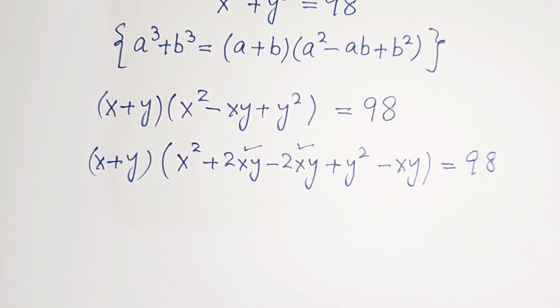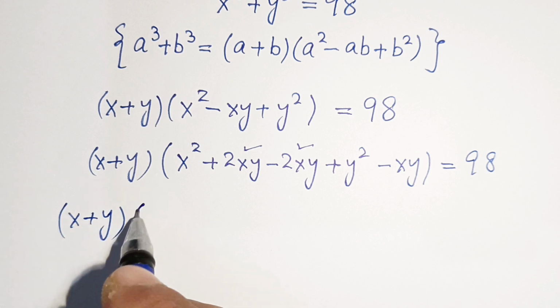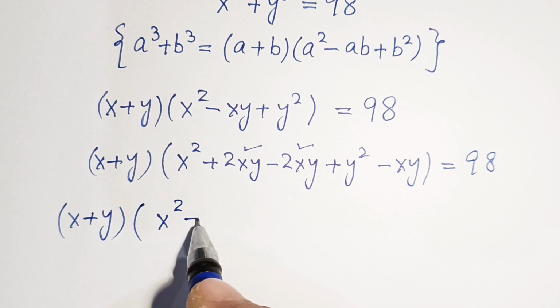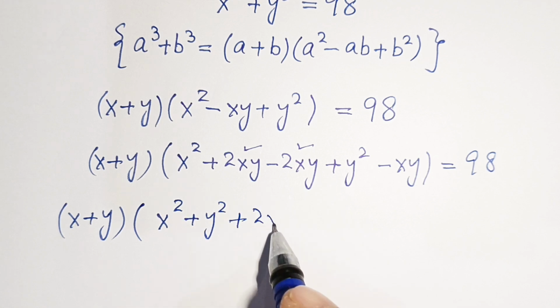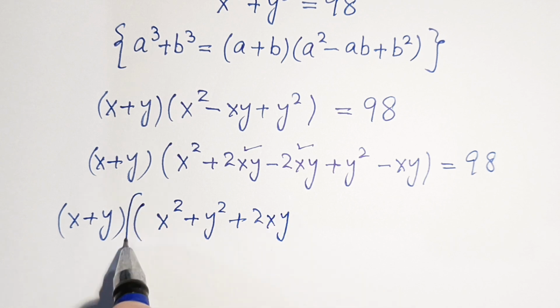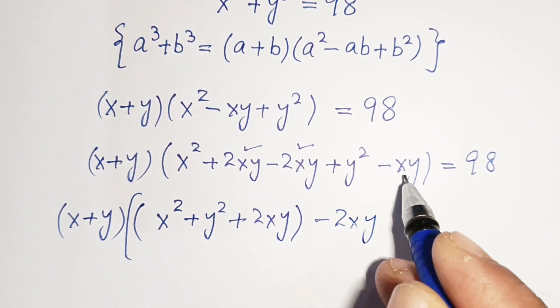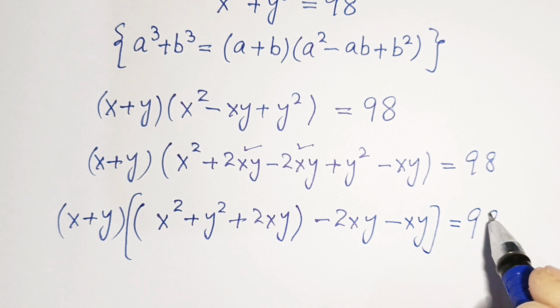Now our next step will be x plus y times, if we see that here x squared can be written as plus y squared, and here we have plus 2xy. So if we see this one, it is a perfect square. Now here we have minus 2xy and this one minus xy, that is equal to 98.